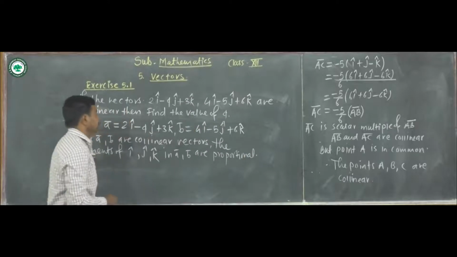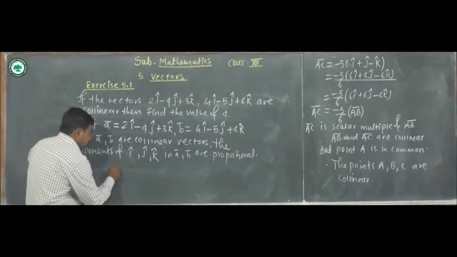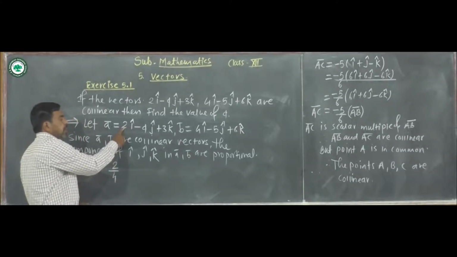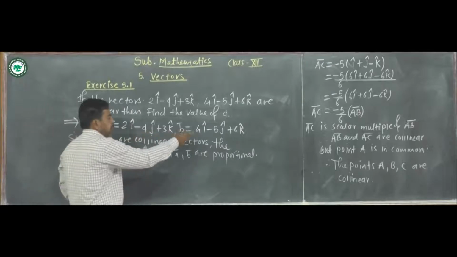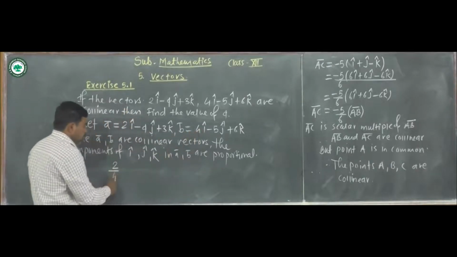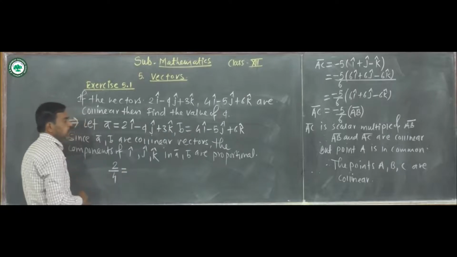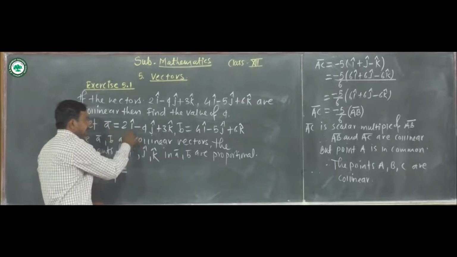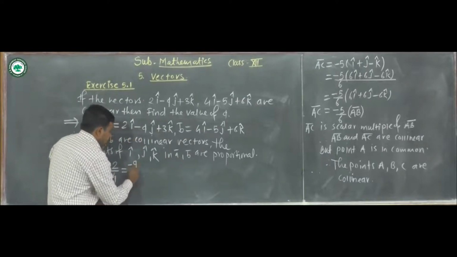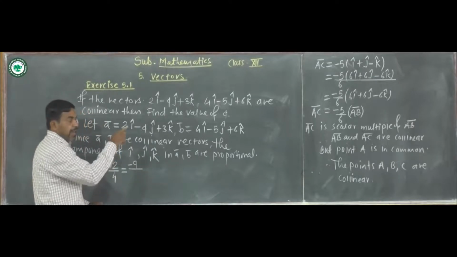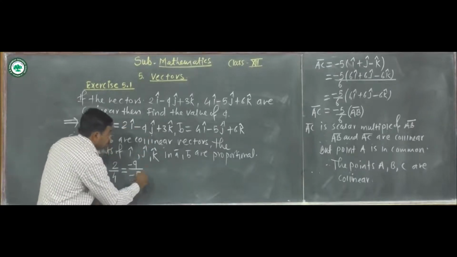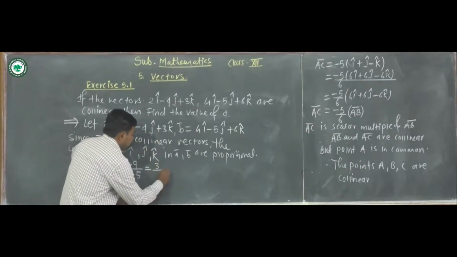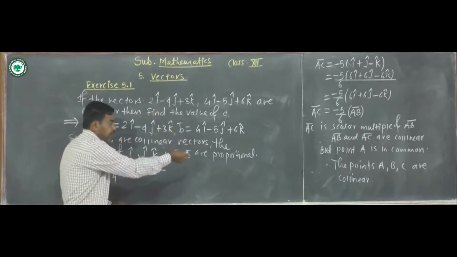And so therefore we get 2 divided by 4. See, the coefficient of i cap in A bar is 2 and the coefficient of i cap in B bar is 4. So 2 divided by 4 is equal to the coefficient of j cap in A bar, that is minus q, divided by the coefficient of j cap in B bar, that is minus 5, is equal to the coefficient of k cap in A bar, that is 3, divided by the coefficient of k cap in B bar, that is 6.